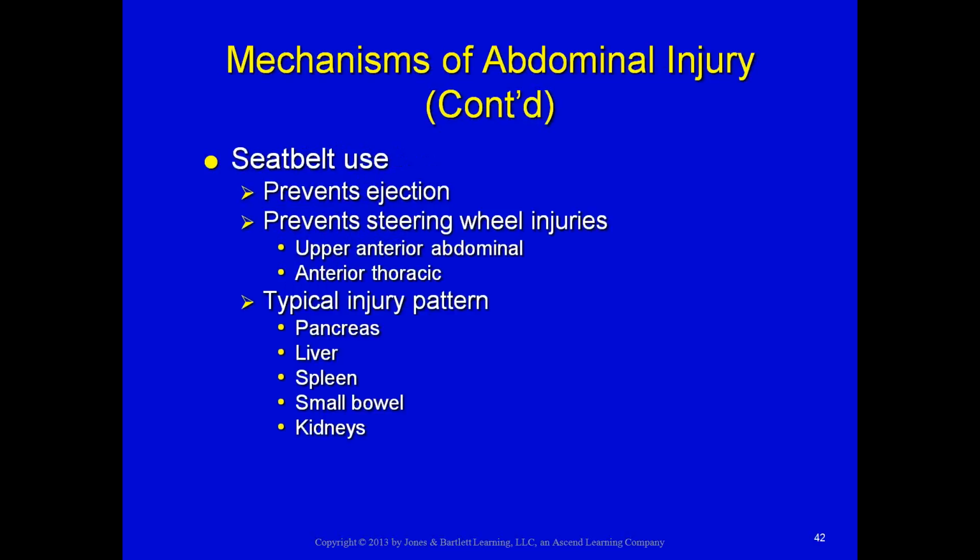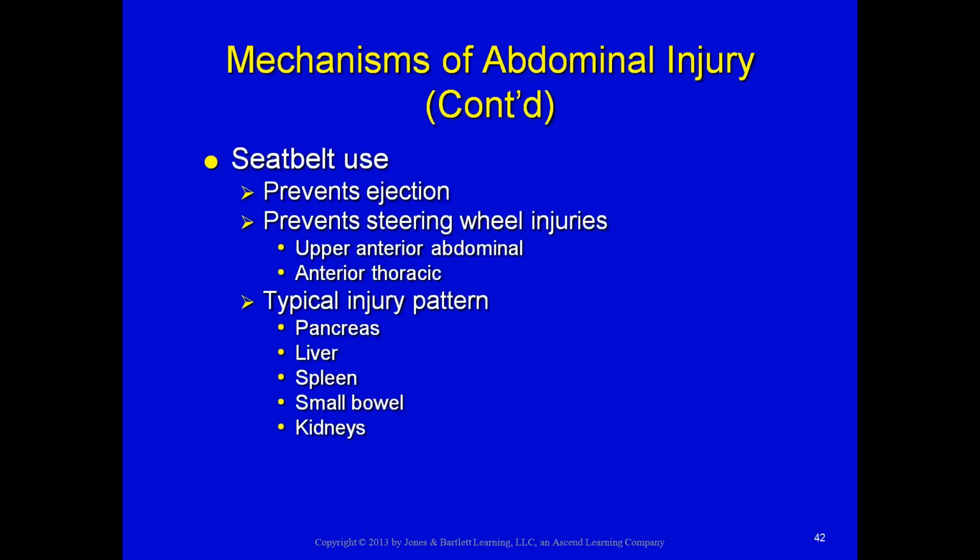Seatbelt, it was designed to be worn on your pelvic girdle to prevent you from being ejected and to prevent you from striking the windshield. However, if it's worn improperly, you'll often see immediately a bruise across the abdomen, indicating perhaps damage to the internal organs, with significant hemorrhage into the abdomen as well.